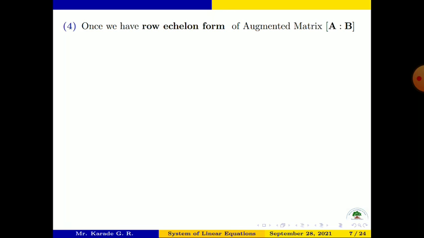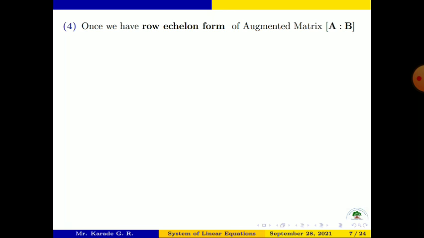So once we have the row echelon form of the augmented matrix, we find the rank, and the rank of a matrix is nothing but the total number of non-zero rows in its row echelon form. Therefore, once we have the row echelon form of the augmented matrix, we can write its rank also.